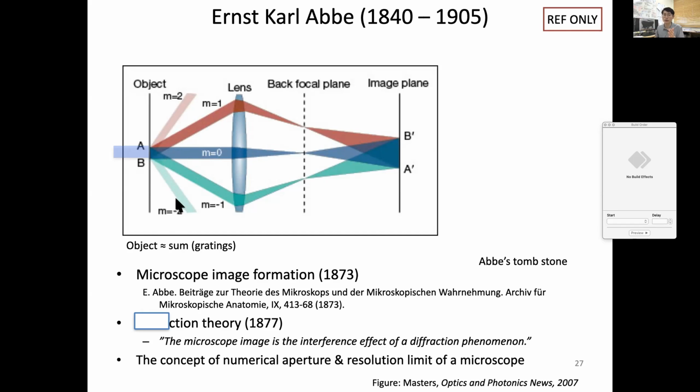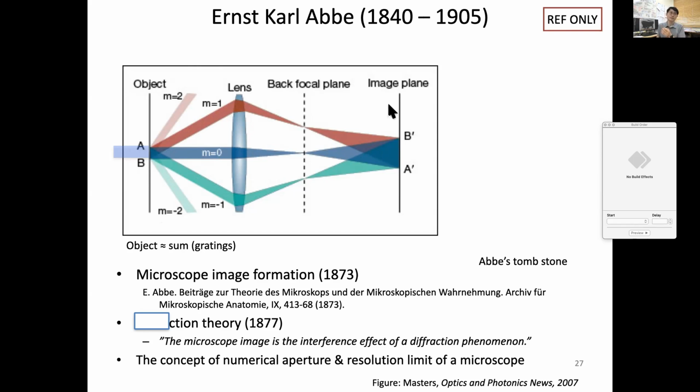These are higher order diffractions, and then the zeroth, plus 1 and minus 1 will eventually form an image at the image plane. So what that means is we may lose the higher order diffraction coming from the fine, smaller features of the object. That's why our microscopic imaging has a limitation in terms of spatial resolution.